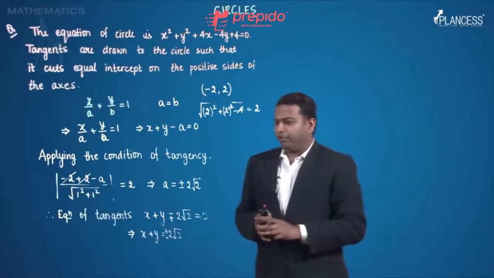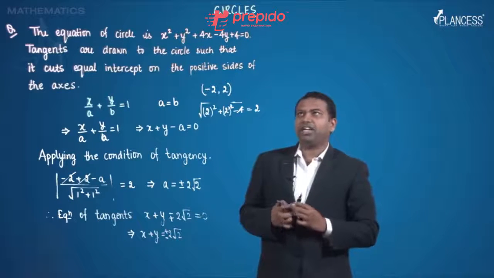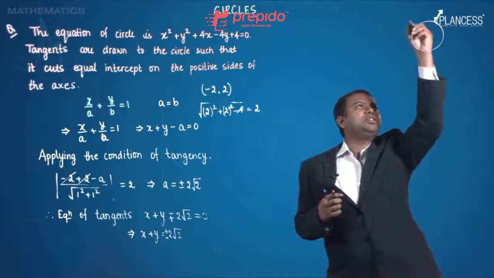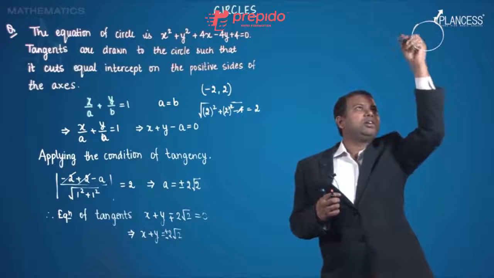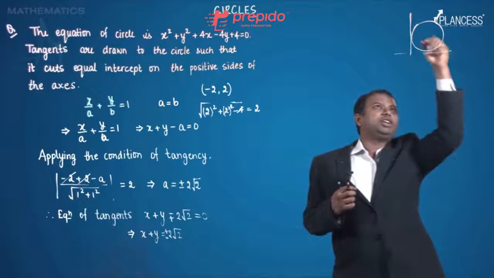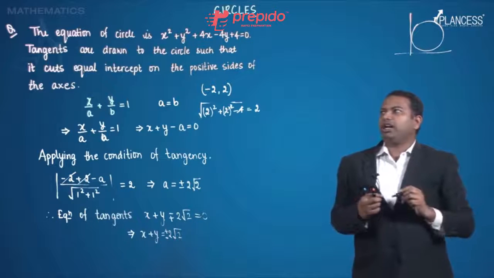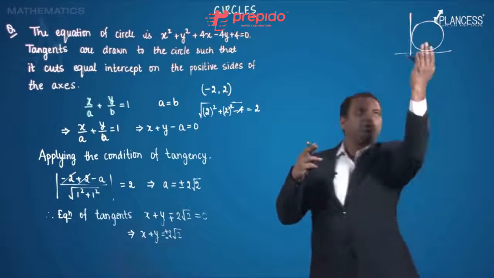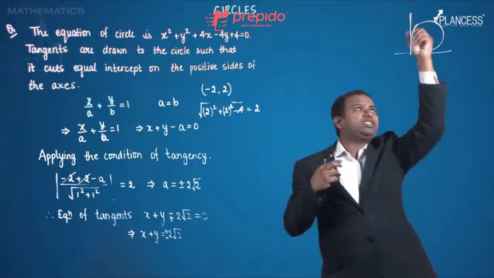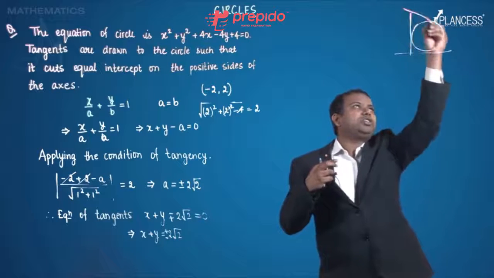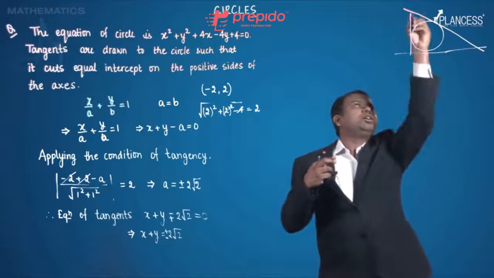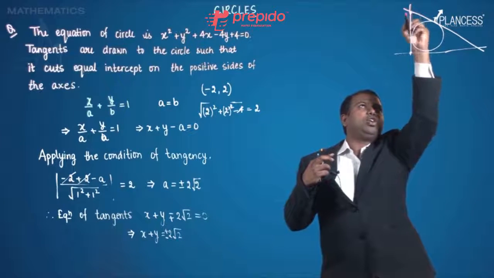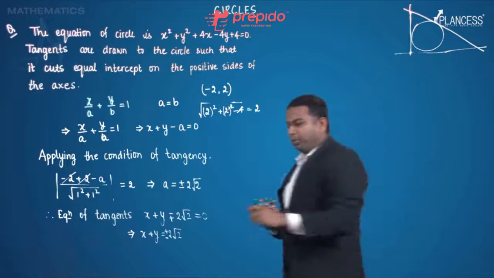Which means if you try to visualize this with the help of a diagram, we will have a circle and there would be coordinate axis. So this is not drawn to scale. You can draw this accordingly because the x coordinate is negative, so this should be on the left hand side. But what I'm only concerned with is the tangent. So let us say if this is the tangent, then in all cases the y-intercept is going to be positive.